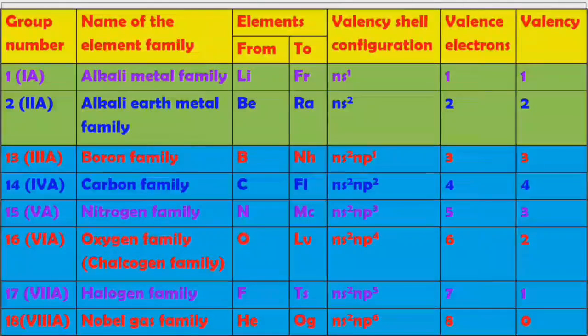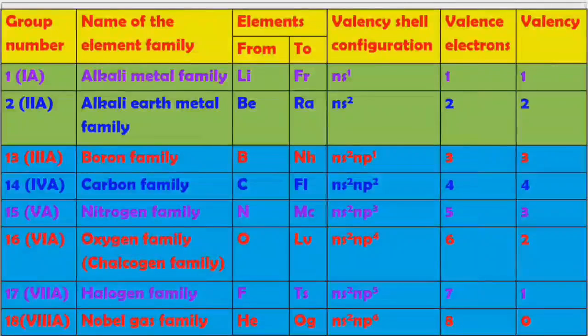Here, you already know this table. First A group elements have one valence electron, so their valence is 1. Second A group elements have two valence electrons, their valence is 2. Third A group elements have 3 valence electrons, their valence is 3. Fourth A group elements have 4 valence electrons, their valence is 4.